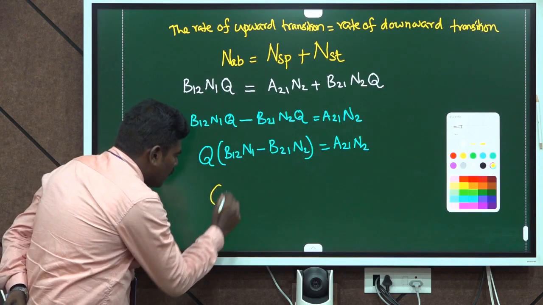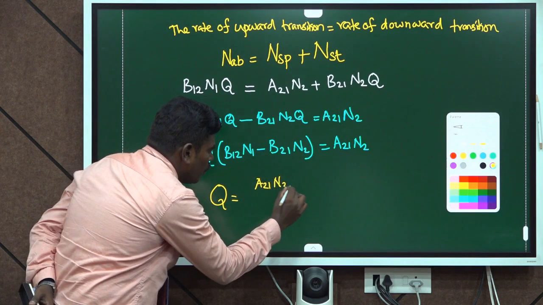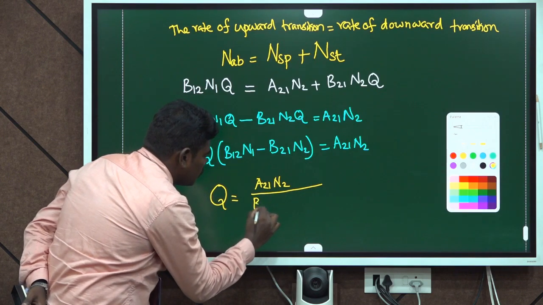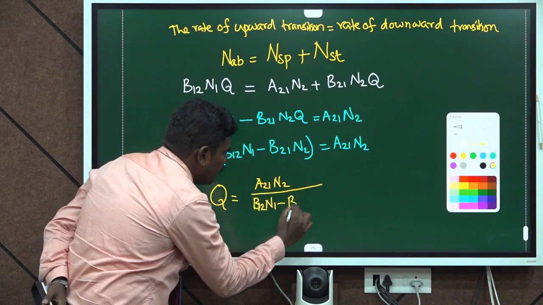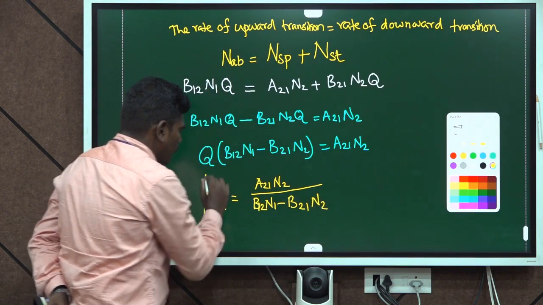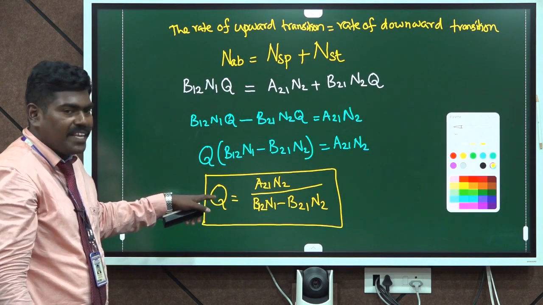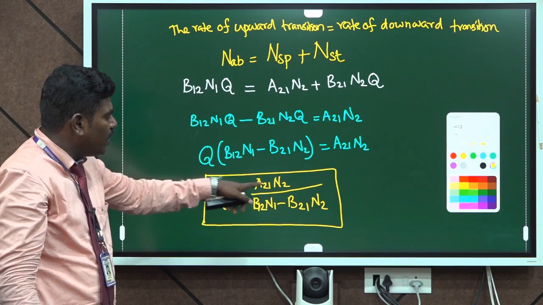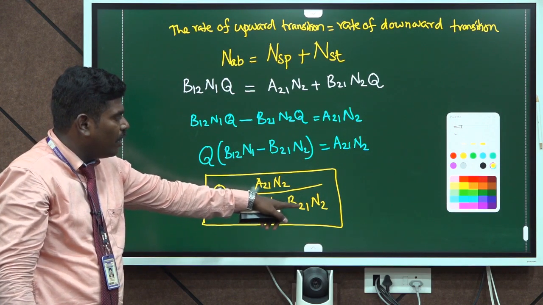Then Q equals A21 N2 divided by B12 N1 minus B21 N2. So Q, the energy density, equals A21 N2 divided by B12 N1 minus B21 N2.